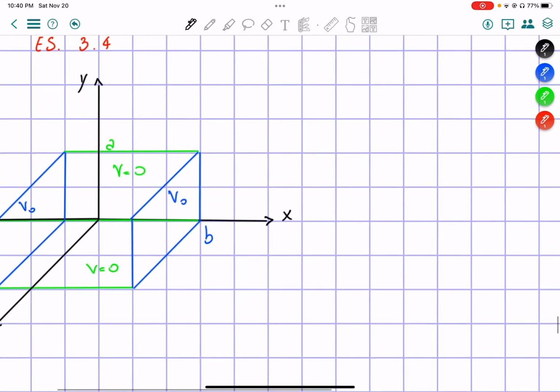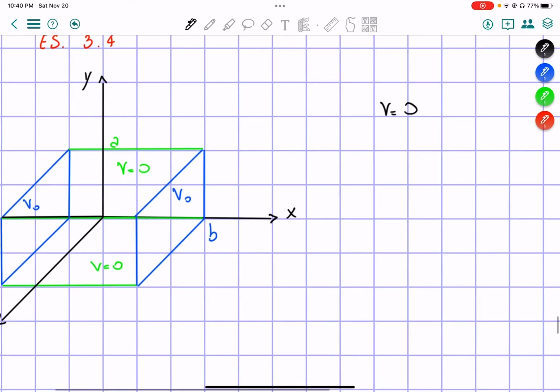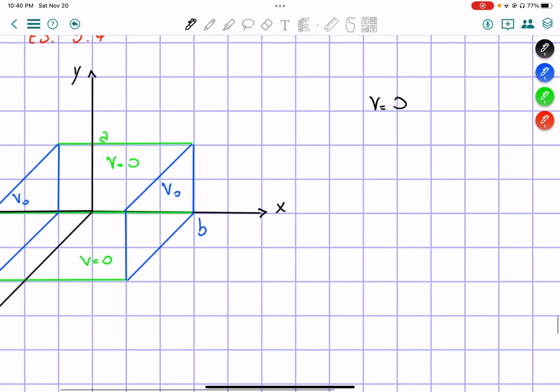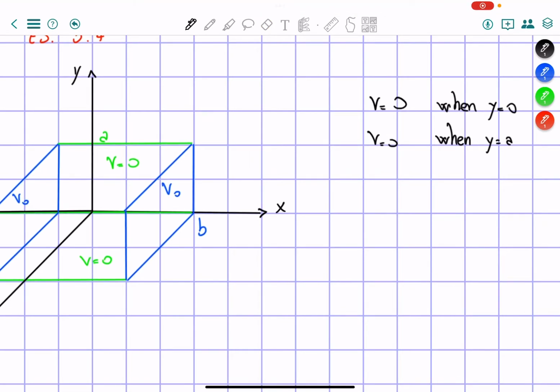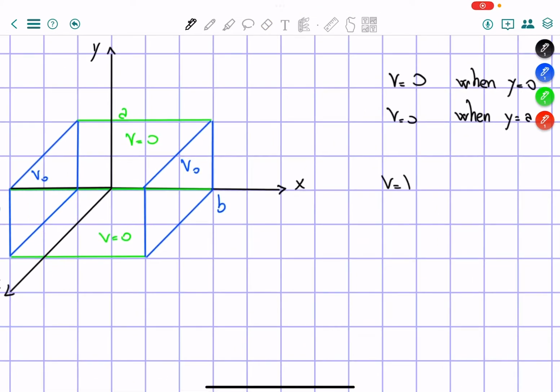We know that V is equal to 0 in our case when we are on the bottom plate. So when y is equal to 0, we know V is equal to 0; when y is equal to a, of course, V is 0 because of the other top plate; and then we know V is equal to V naught when x is equal to b, and V is equal to V naught when x is equal to negative b.